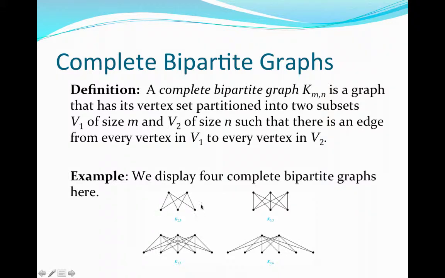And similarly, each vertex in the second set is not connected to any other vertex in that set, but is connected to each vertex in the first set. We can also look at the complete bipartite graph K3,3, K3,5, or K2,6. So notice that they are unique depending on just the number of vertices in each of the sets.